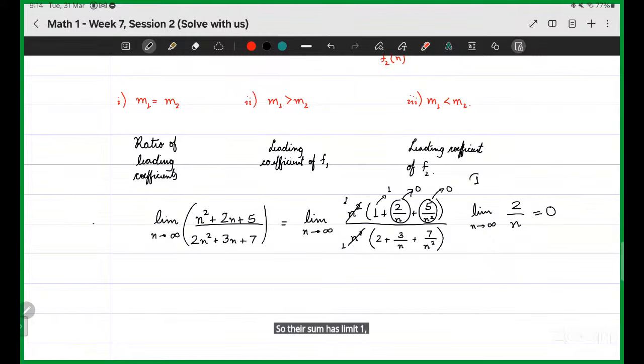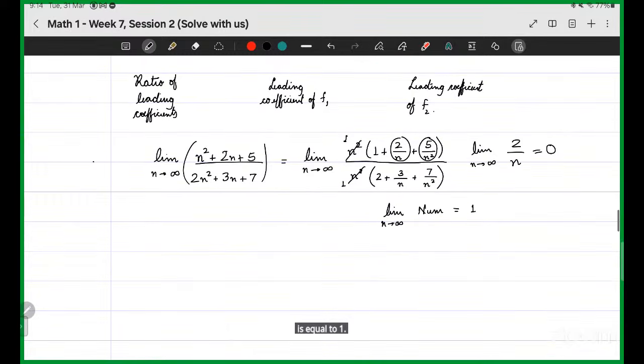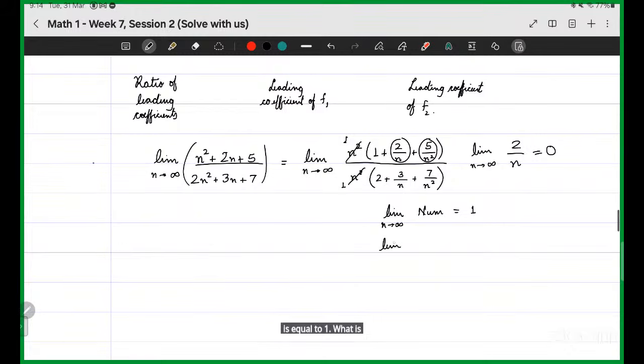The limit as n tends to infinity of the numerator is equal to 1. What is the limit of the denominator? Two. By the same argument, it's 2.